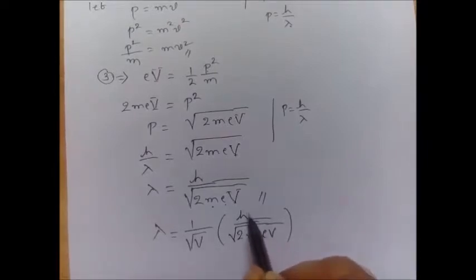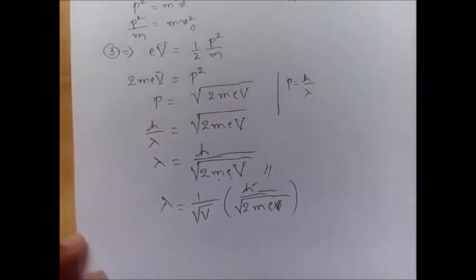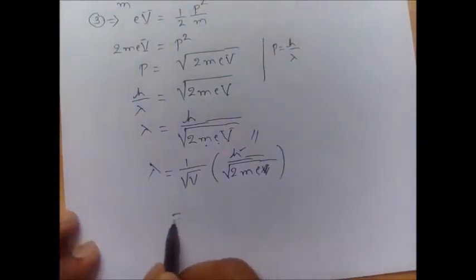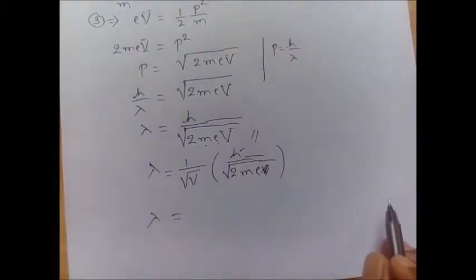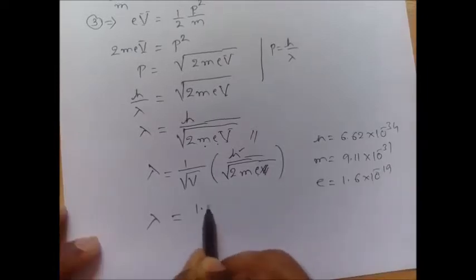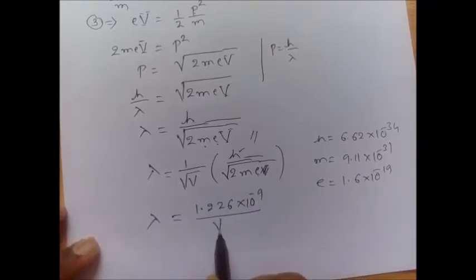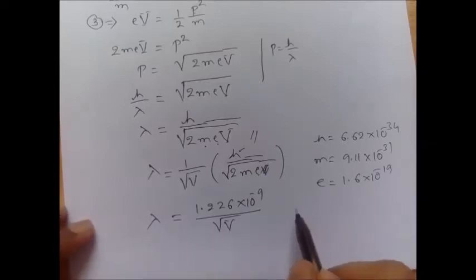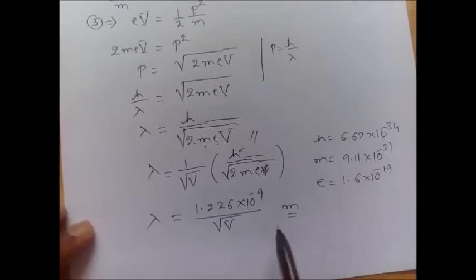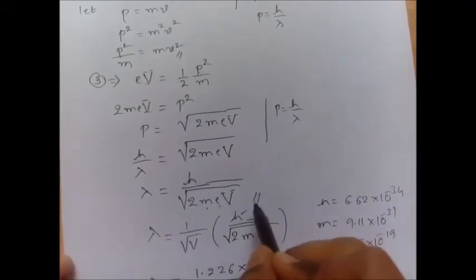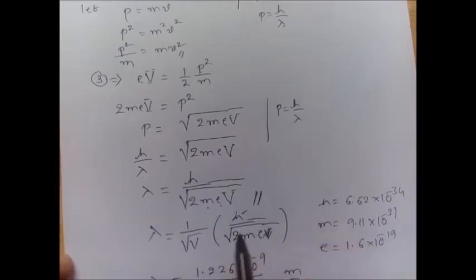When I substitute the values for h, m and e, that is the charge value, I'm going to get lambda equal to 1.226 into 10 to the power minus 9 divided by root V. The unit of the wavelength is a length, that means it is in meters. And till here you can solve the derivation.